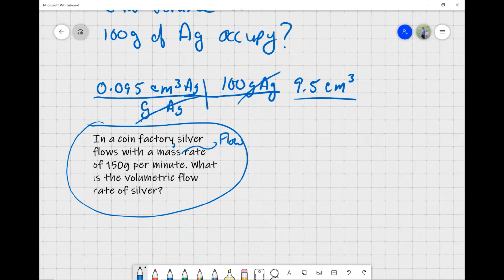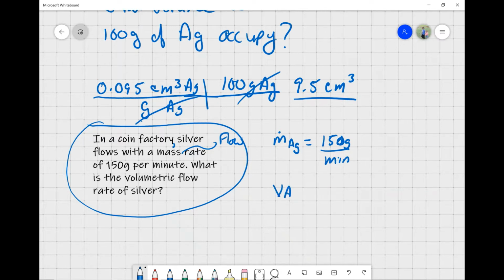And so we have what we know. It's good to start writing out what you know. So we can subscript Ag for argentum, or silver. The mass flow rate of silver is 150 grams per minute, and we want to know what the volumetric flow rate is.